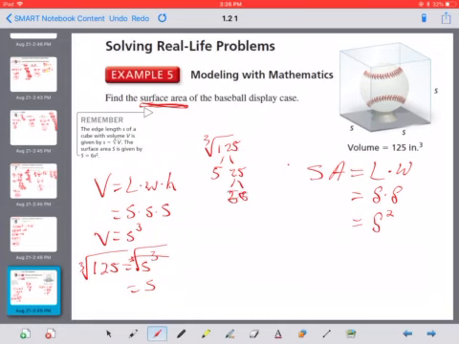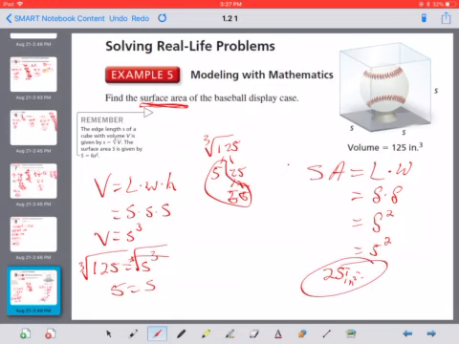Break 25 down into 5 and 5. There's my 3 5s. So the side length is 5. So the surface area is equal to 5 squared, which is 25 feet. Nope, inches. Don't forget your units. Inches squared.